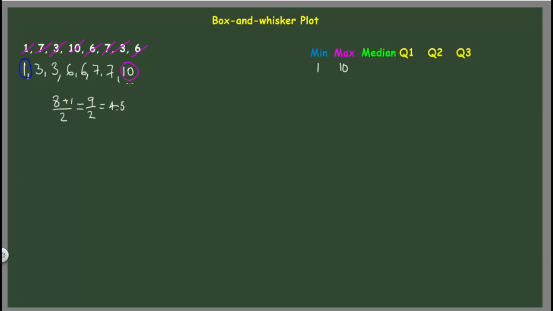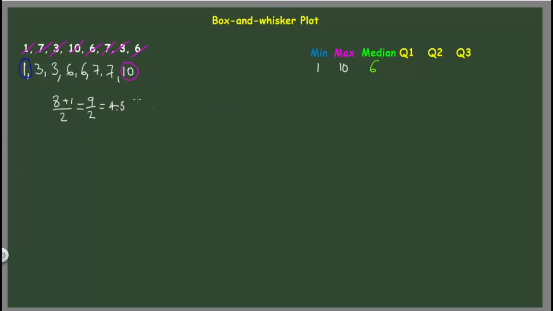So I'm counting 4.5 from the outside: 1, 2, 3, 4.5 somewhere here in the middle. The number we're looking for is halfway between 6 and 6. And what is this number? Of course it is 6.